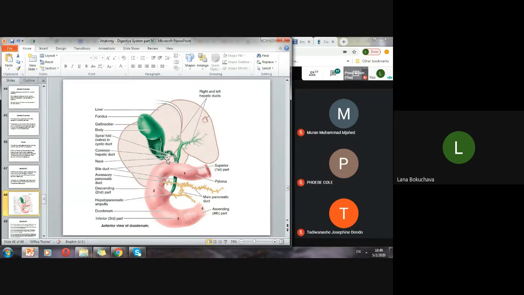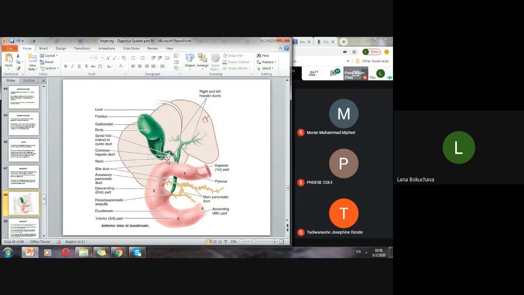Concentration in this case happens because in the gallbladder we have epithelium which is absorbing the excessive amount of water from the bile, and as a result we have a more concentrated type of bile coming from the gallbladder.